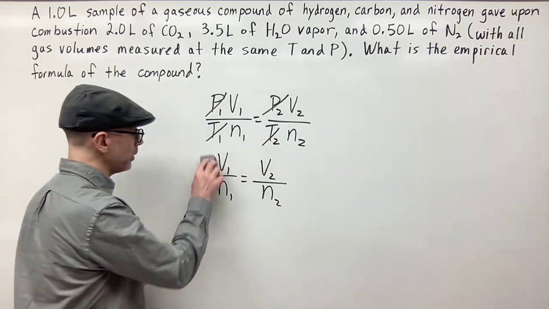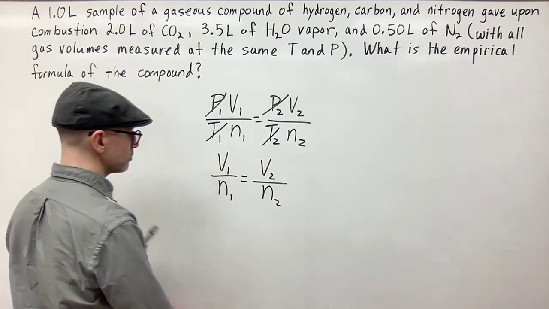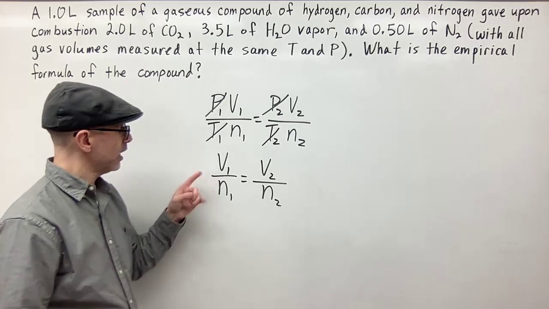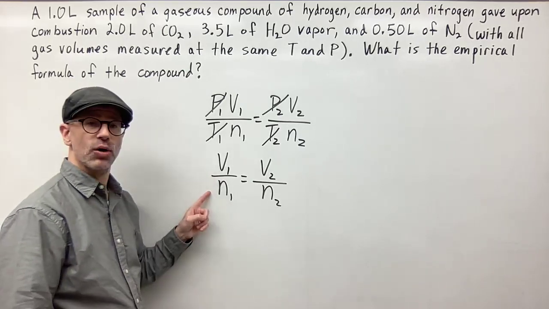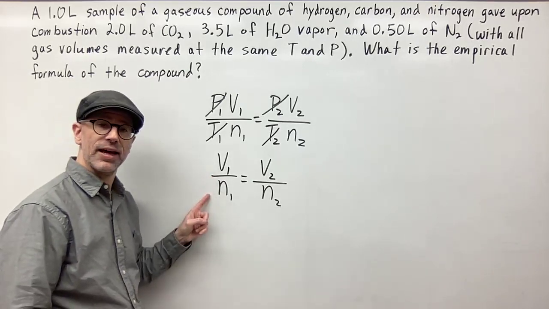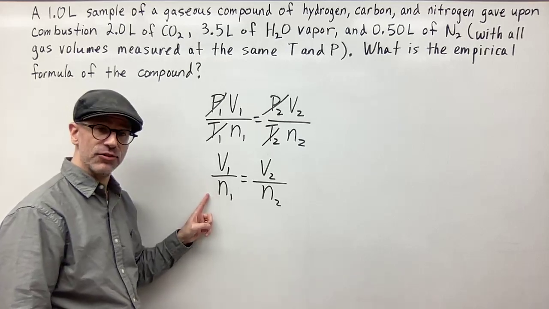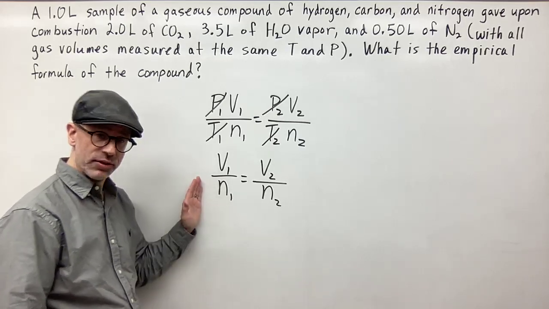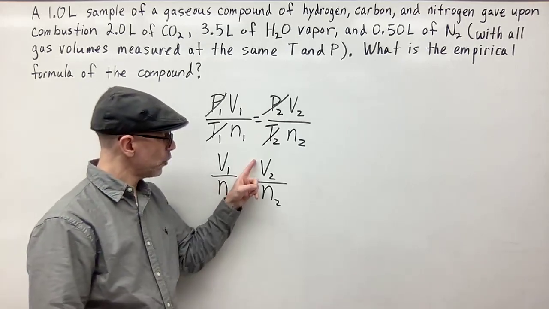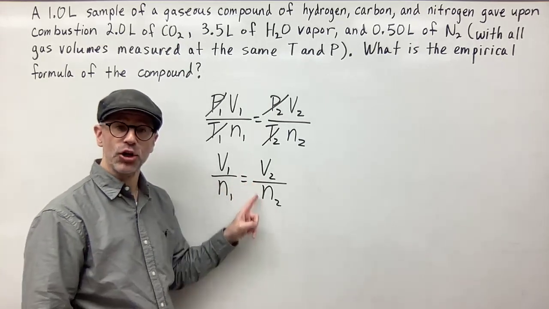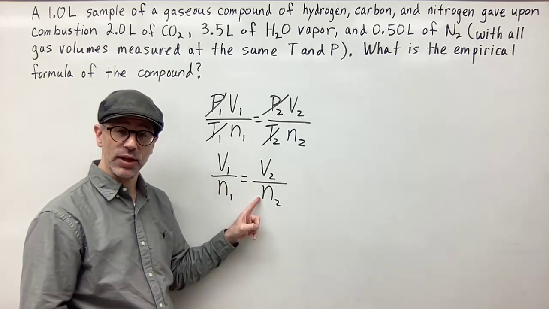So let me put it this way. Notice that the ratio of the volume and the amount of gas that I start with is equal to the ratio of the volume and the amount of gas that I end with.